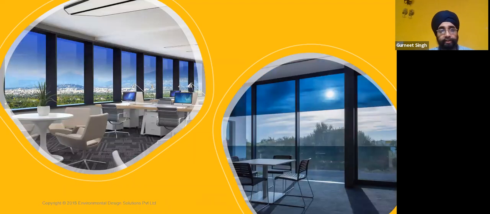The other one that is now picking up is the electrochromic glass, the glass that tints itself depending on the sun orientation or the amount of radiation falling on that glass. So this works well if you have a west or east facing facade, because generally that facade will get sun only for half a day.